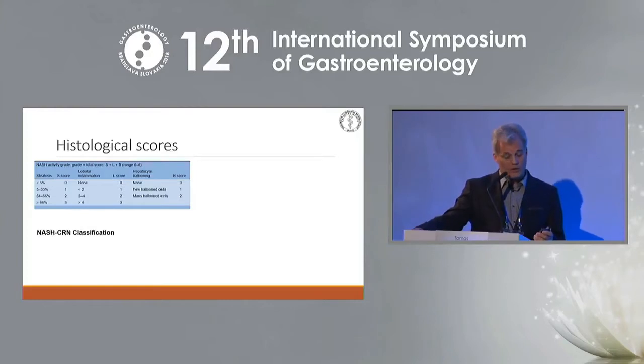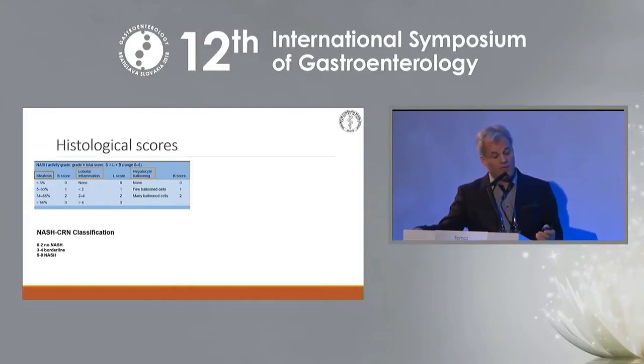The histological score comprises the score for steatosis, the score for lobular inflammation, and the score for hepatocyte ballooning. And if we sum up the score, we have the NASH CRN group classification. When we have 5 to 8 points, we can consider the biopsy as compatible with NASH.